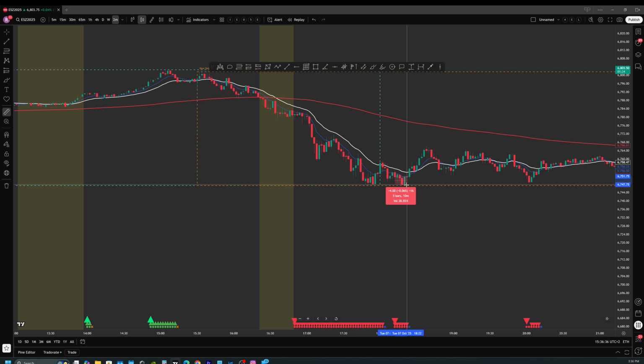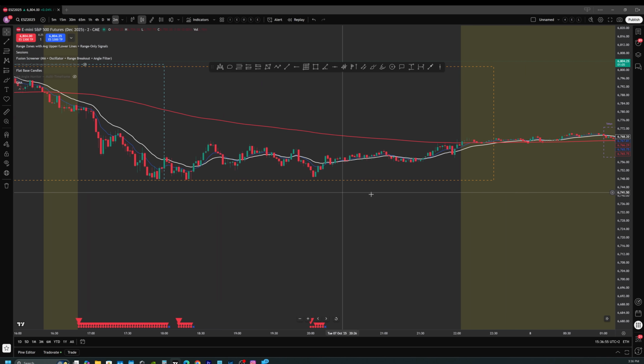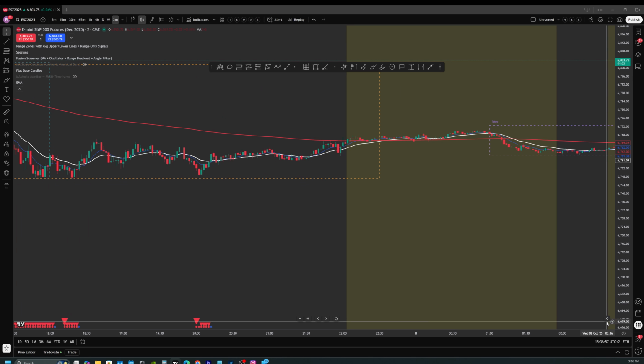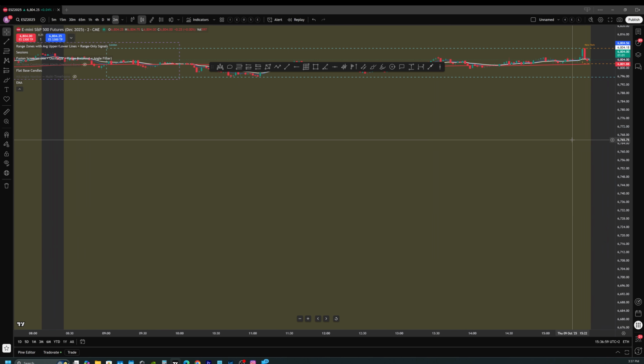Boom, went down 4 points. Then you could have exited right there, when it went against you on that candle, it kicks you out. If you move your stop loss to break even, you would have been good. You don't have to take that loss.